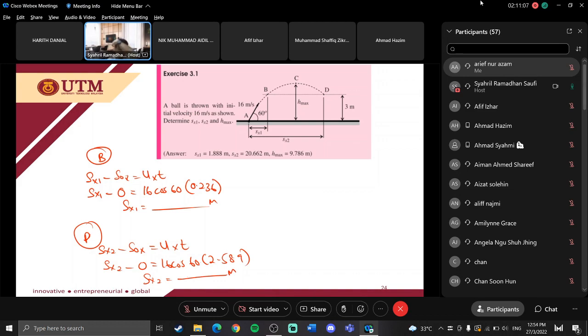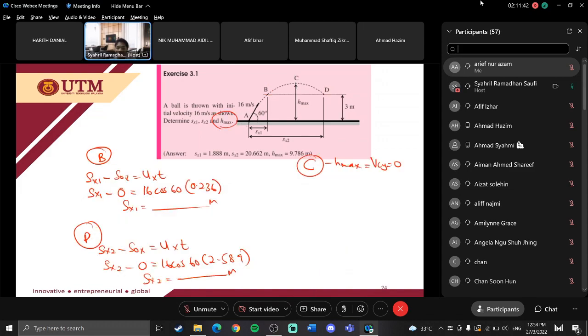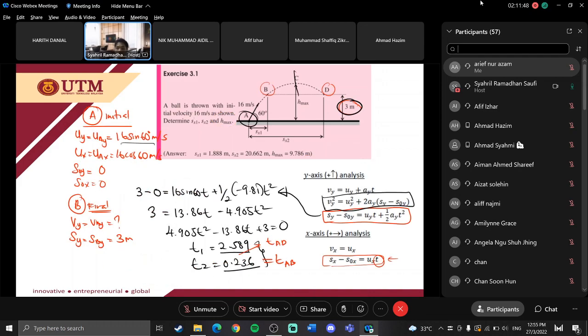Then you need to determine Hmax. So Hmax at point C, Vcy equal to 0. In order to get the Hmax, you have Vy squared equal to Uy squared plus 2ay times Sy minus S naught y.